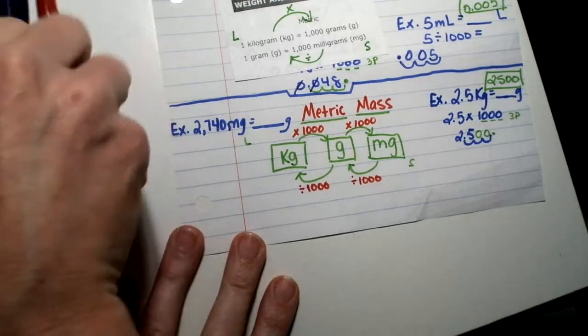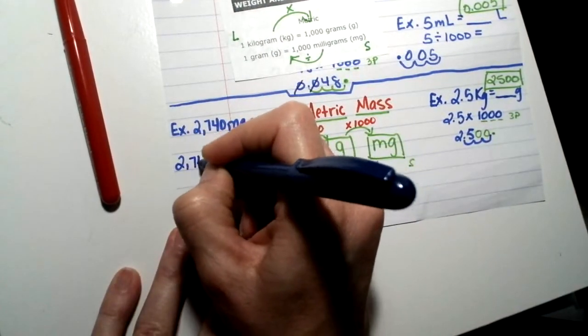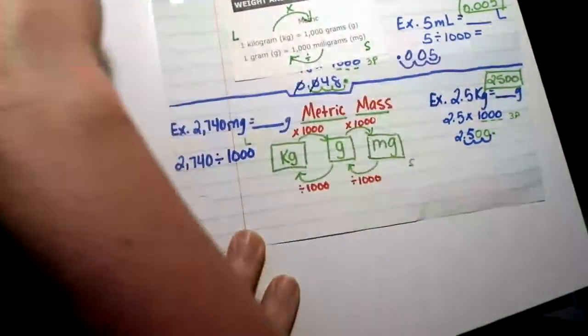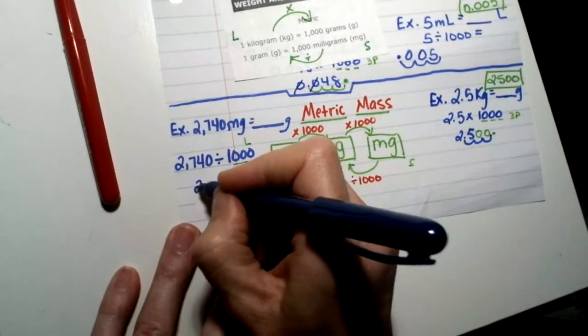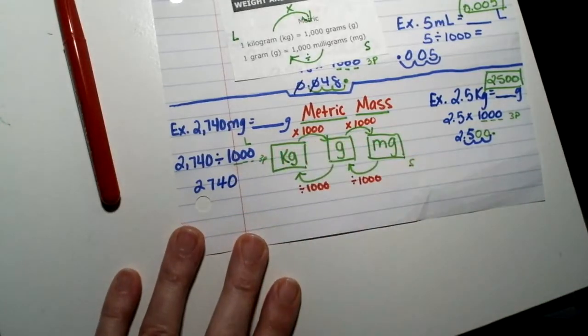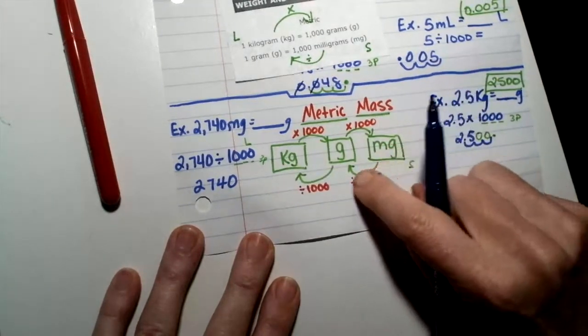So I'm going to write my number sentence so I know what I'm doing. 2,740 divided by 1,000. Again, that's going to be 3 place values of movement. Okay, I'm going to write my 2,740. Now I'm going to be moving the decimal to the left because milligrams to grams is this way.